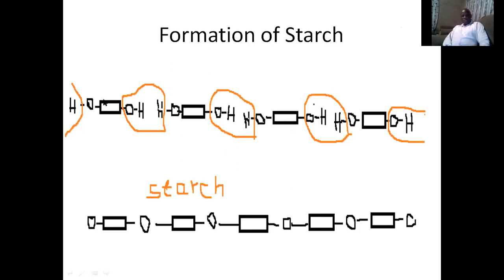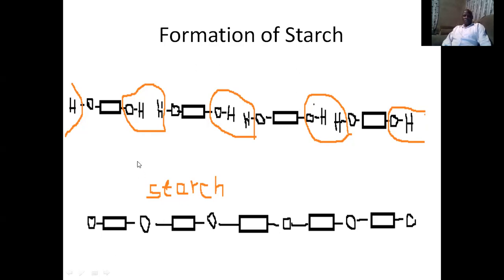We are showing here, these rectangles are merely showing other intermediate molecules. And so we are merely showing the hydroxyl group at the end of each of them. And if we remove water, because we said this process is condensation polymerization, what we form is starch, and this is the shape of starch.